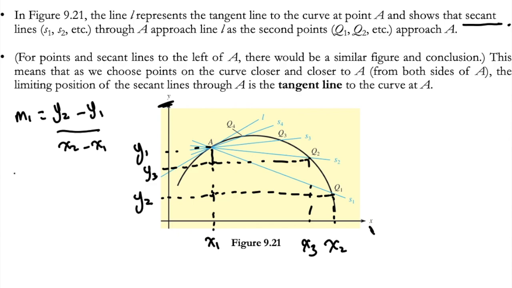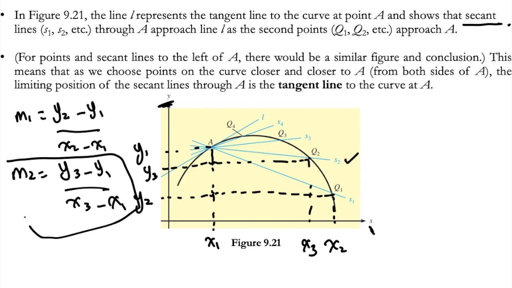So we can have the second slope, Y3 minus Y1 over X3 minus X1. Comparing the S2 secant line with the S1 secant line, which one is steeper? The steeper one is S2. If it is steeper, logically speaking, the slope for the second one must be higher in value.